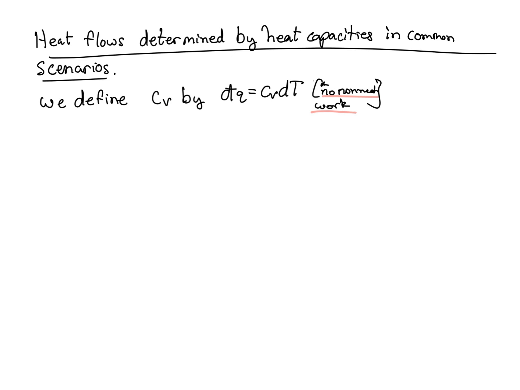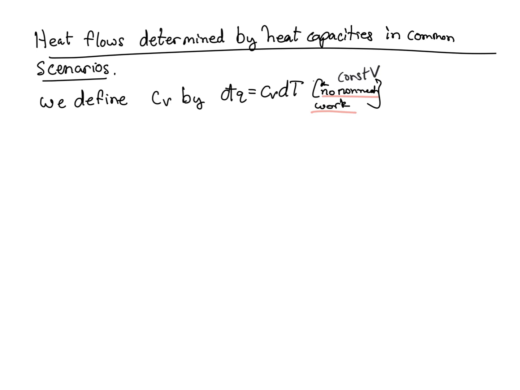So CV is defined by this equation: the differential flow of heat is equal to CV times the differential change in temperature, under a condition where there's no non-mechanical work, and of course it's CV, so also we're assuming constant volume. So if we're at constant volume and there's no non-mechanical work, the flow of heat is given by the heat capacity times dT.